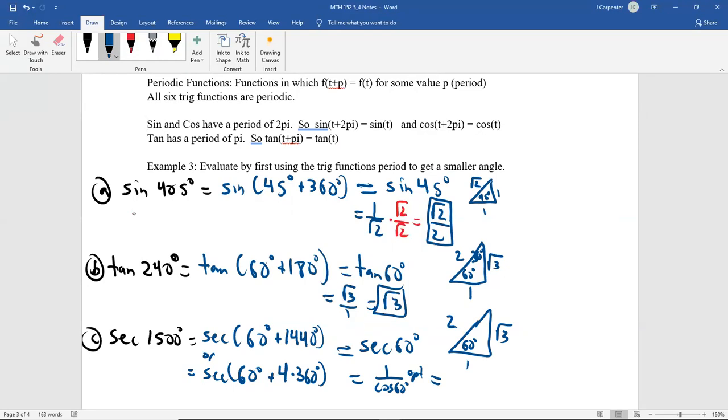I circled the wrong thing when I said adjacent. Hypotenuse over adjacent is secant. So 2 over 1, which is 2. Again, the cosine would be a half, adjacent over hypotenuse. Secant is the opposite order, hypotenuse over adjacent. 2 over 1, which is 2.